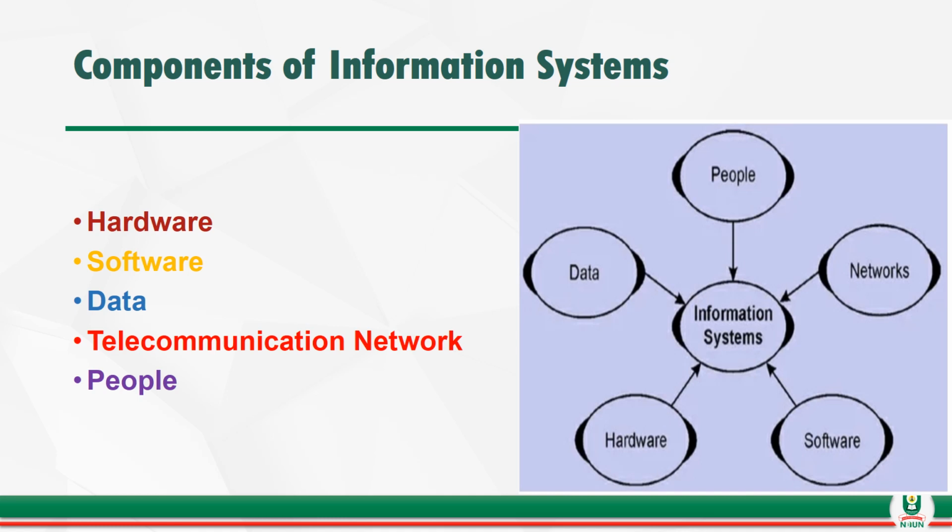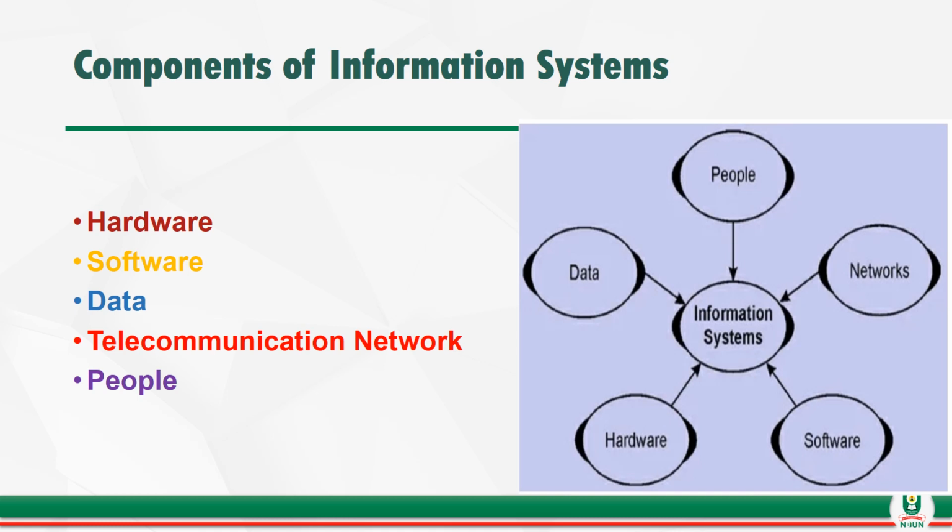Then the data. The data as a component is the third component of information system, which are collection of raw facts and figures. Example could be your personal information like your name, your home address, your mobile number. Then the fourth component is the telecommunication network.